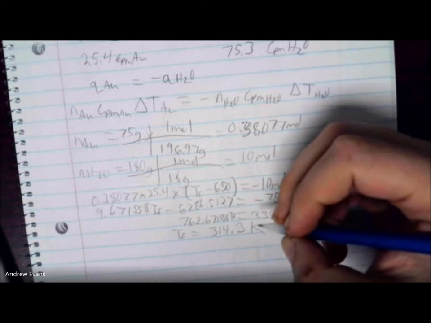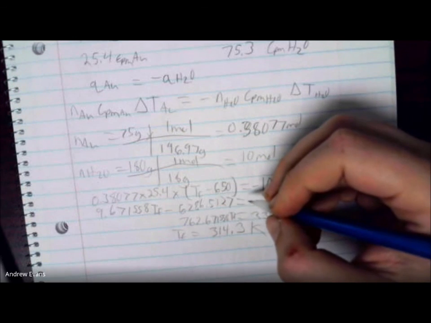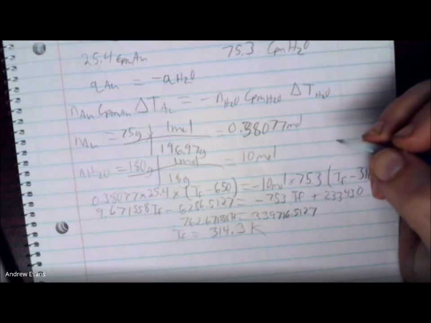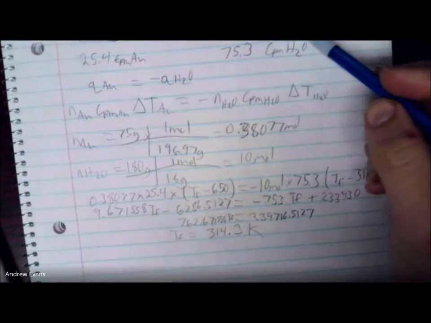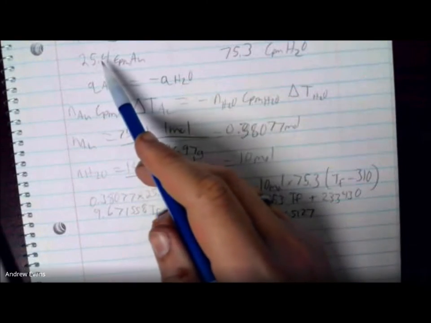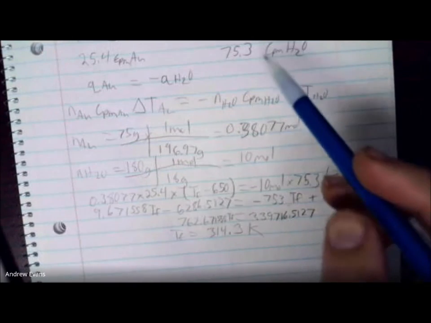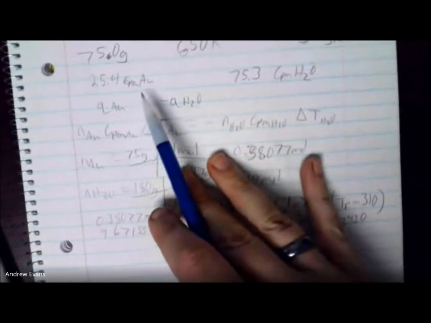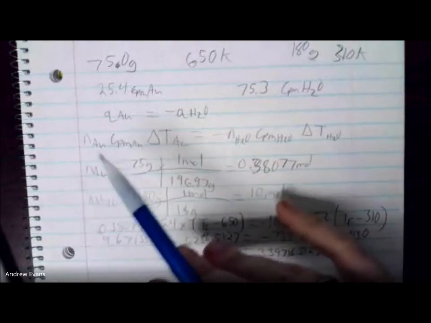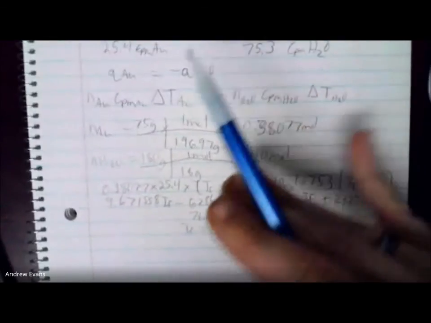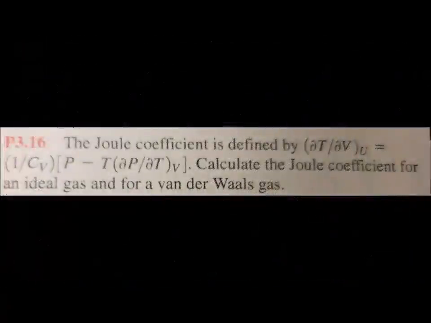So yes, it didn't jump up by much, like 4 degrees. But you've got to remember, we have a ton of water compared to gold. Gold is much heavier than water, and the heat capacity of gold is much smaller than water. So all that contributes to making the very low temperature change.